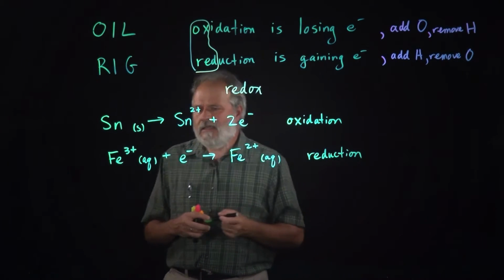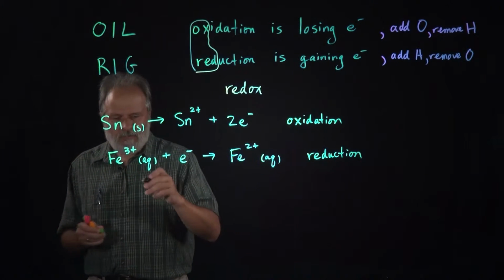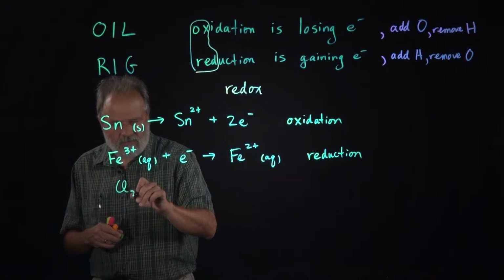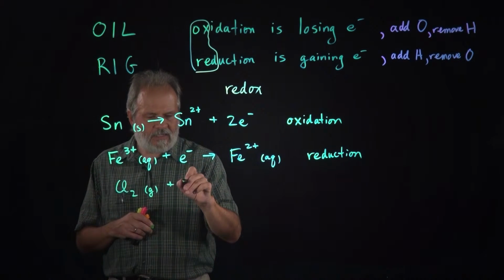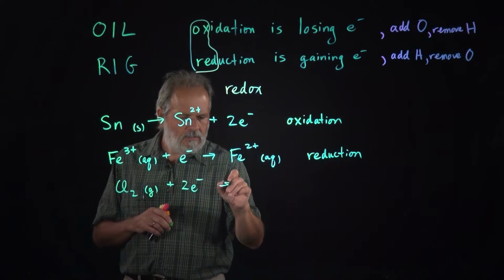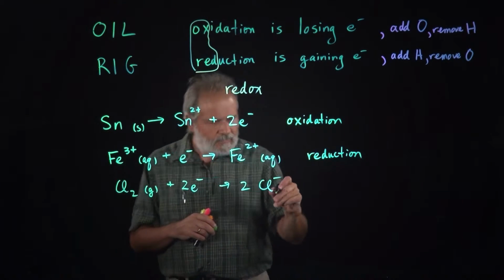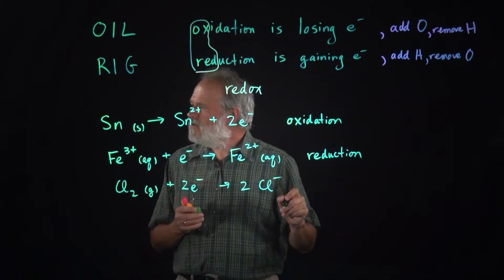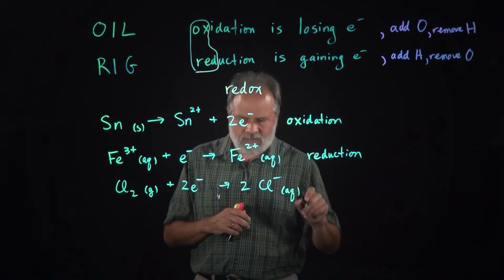And then finally, the last example we're going to do with gaining and losing electrons will be if we take chlorine gas and add 2 electrons, we'll get 2 chloride ions. And so let's say this is in an aqueous solution like salt water or something like that.